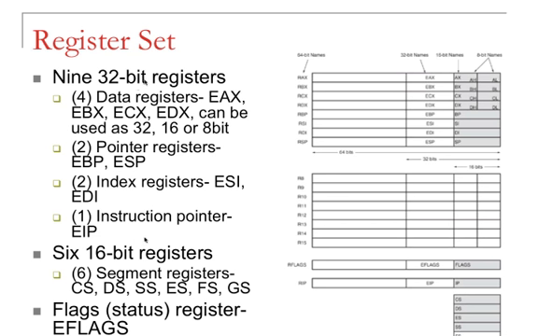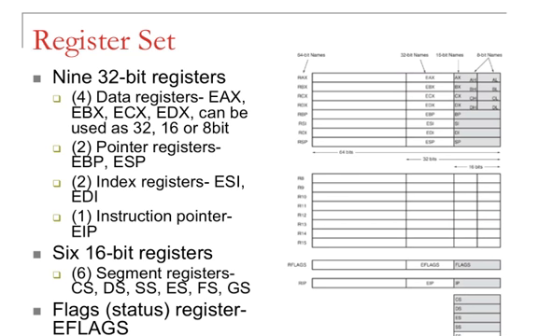We have 6 16-bit registers, and these are called segment registers. CS refers to code segment, then data segment, stack segment, and extra segment, and FS and GS.